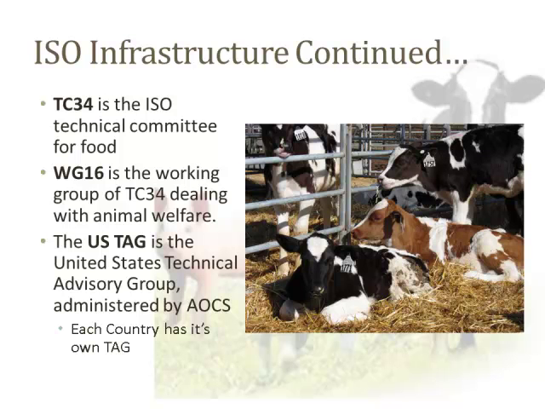So anything that the U.S. TAG, our group of interested stakeholders here in the U.S., anything that we want to move forward has to go to AOCS, which goes to ANSI, which goes to ISO. And that is the funnel through which everything goes. You following me?